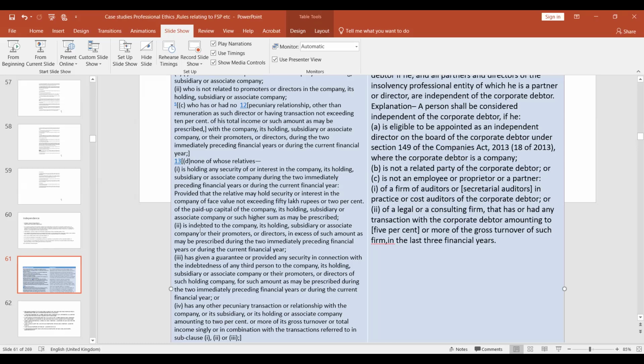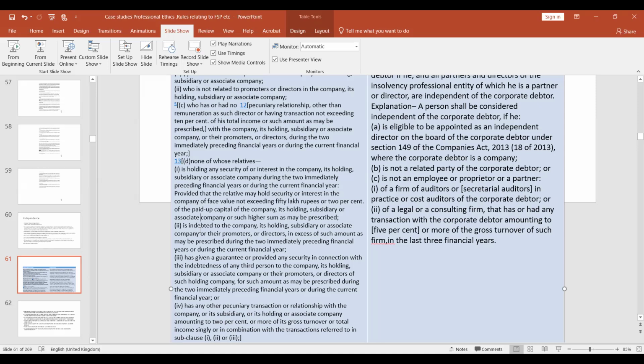Provided that the relative may hold security interest in the company of face value not exceeding 5 lakh rupees or 2% of paid up capital of the company, its holding or subsidiary or associate company or such higher sum as may be prescribed.